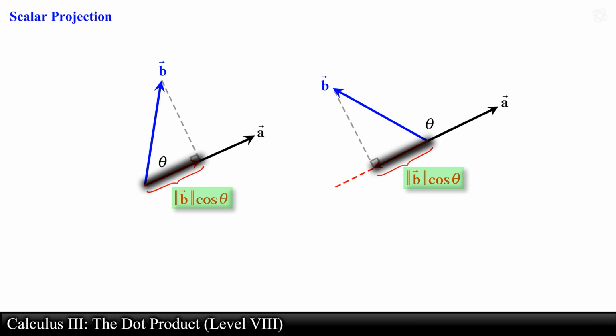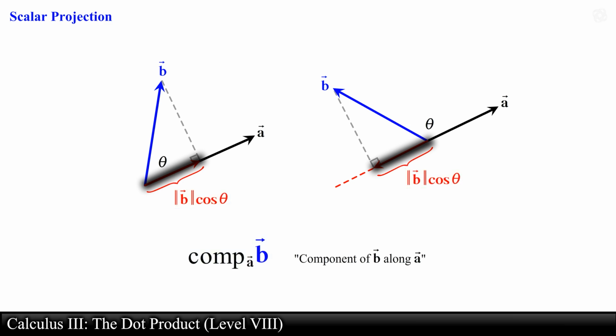We mathematically denote this length as follows, and it is read as the component of B along A. Similar to the dot product, this value will be positive if theta is between 0 inclusive and pi over 2 exclusive, and it will be negative if theta is between pi over 2 exclusive and pi inclusive.